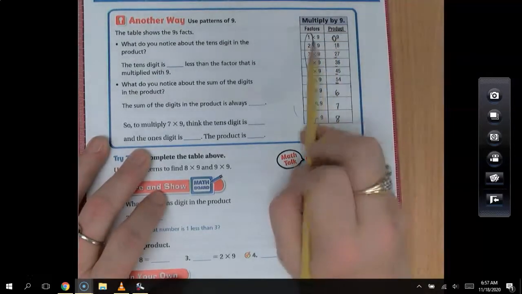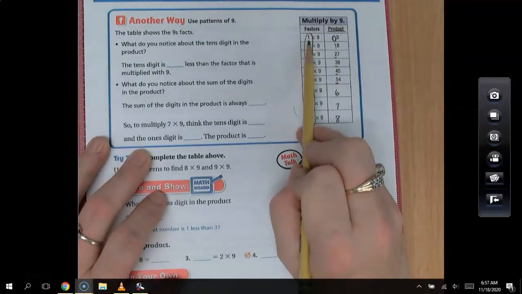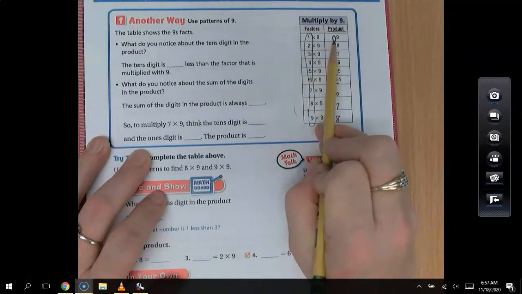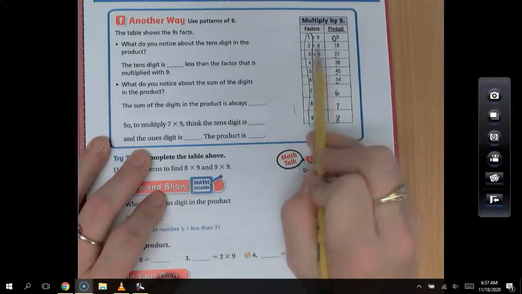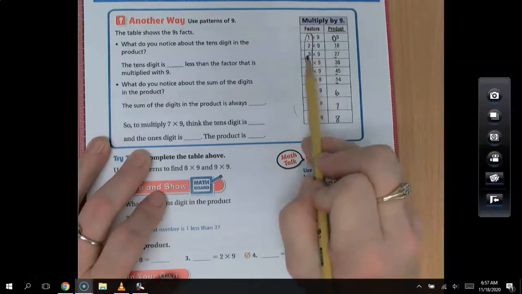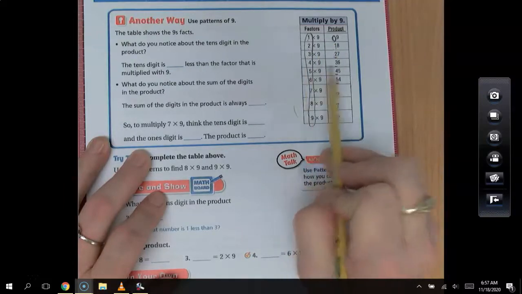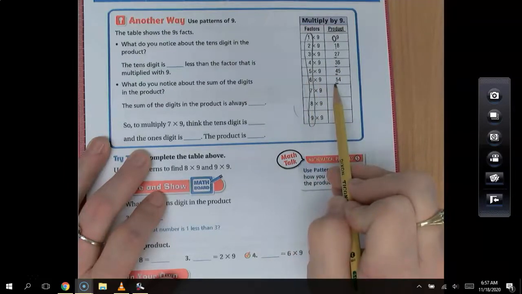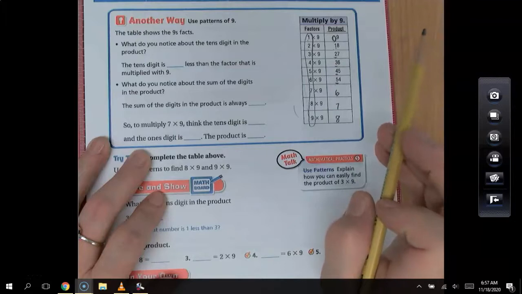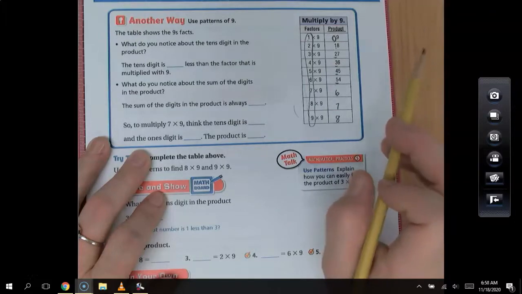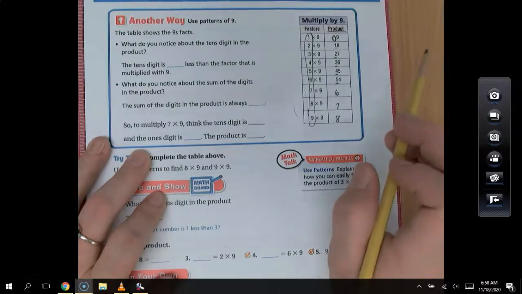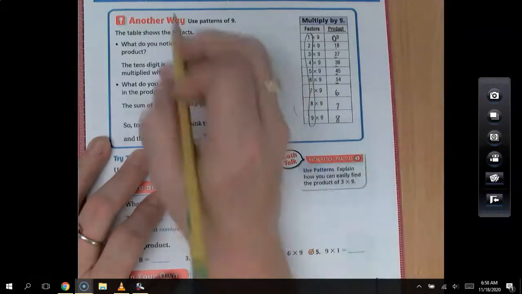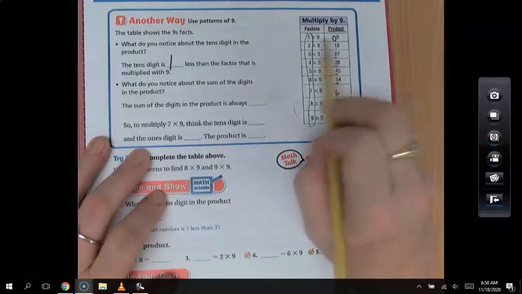If you look at the factor compared to the tens digit, what do you notice? 1 to a 0, 2 to a 1, 3 to a 2, 4 to a 3, 5 to a 4, 6 to a 5. What are you noticing? If you notice that the tens digit is 1 less than the factor that is multiplied with 9, you're correct. So the tens digit is 1 less.